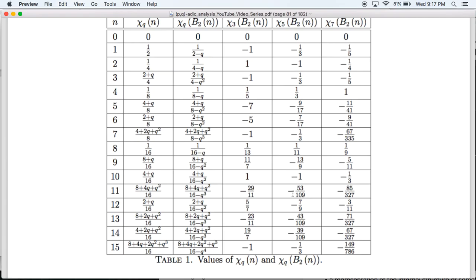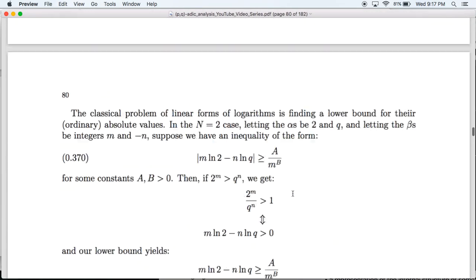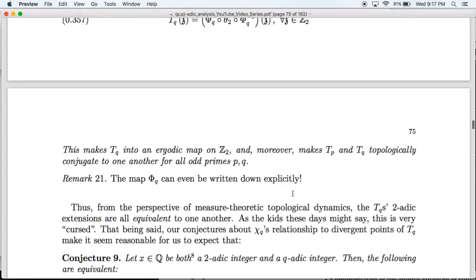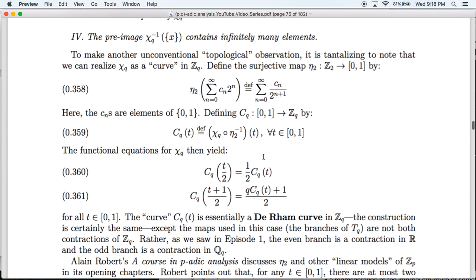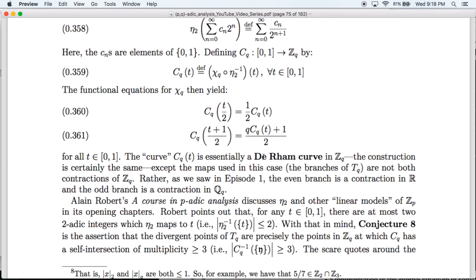And then there's the possibility of that curve, of CQ, that curve that I mentioned here. Maybe we can do étale cohomology or étale fundamental groups of this thing to figure out where its self-intersections are. Again, I don't know. I freeze and panic whenever I see the word morphism. I can't handle the abstraction, and it's very difficult for me. I'd very much like someone else to work with.